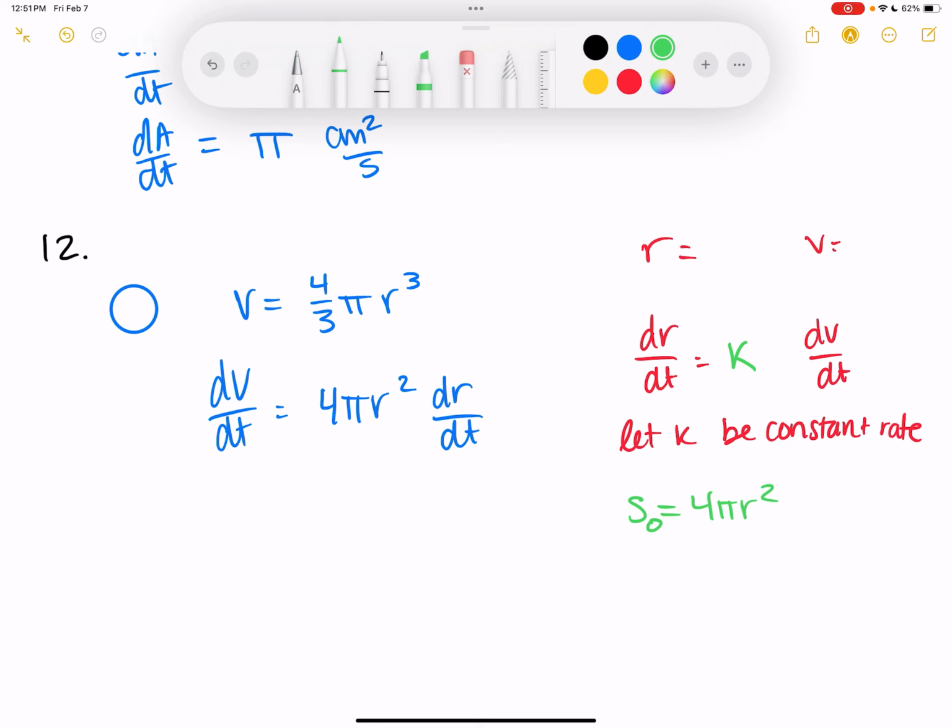So in this equation, I can replace dr dt with K and have dV dt equals 4 pi r squared times K. So this is dV dt is equal to this.